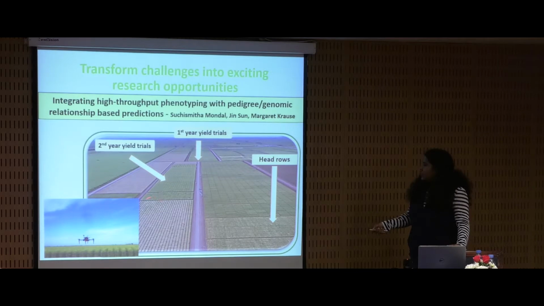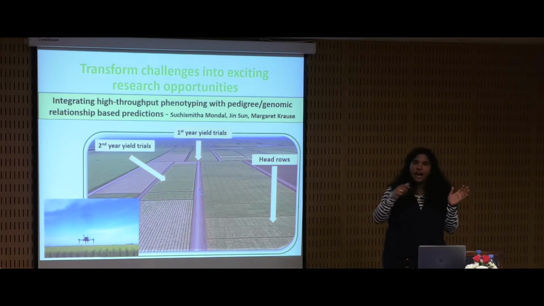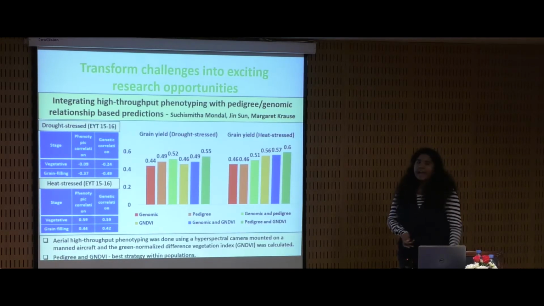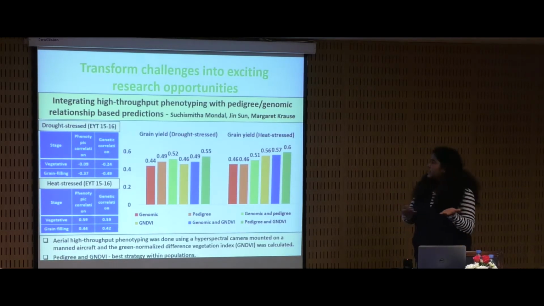Our objective was to use some of these different high throughput traits in an IBCF approach and predict grain yield just based on similarity of these traits with grain yield. And what are some of the similarities that you would expect? So here are two different stress environments. One is the drought stress environment, and then you have the heat stress environment.